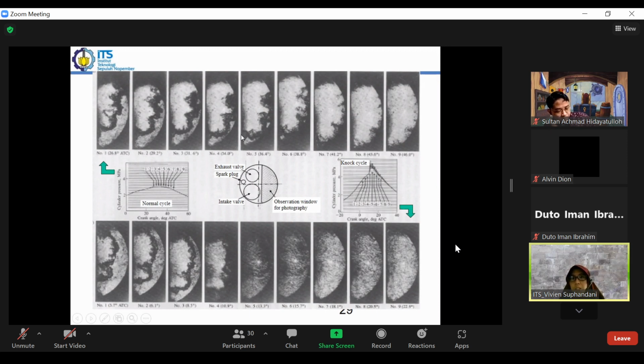And here we see that if we have a knock cycle, we have a fluctuation in the pressure. It's not smooth like this one, the propagation of the flame, but instead we have local flames on the surrounding, so we have many local burns on the sides of the cylinder.